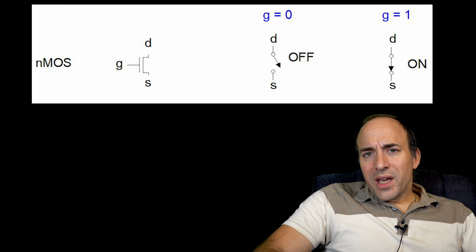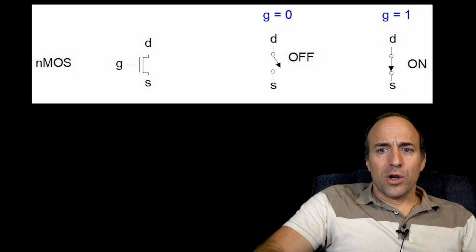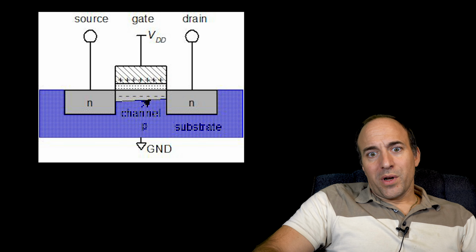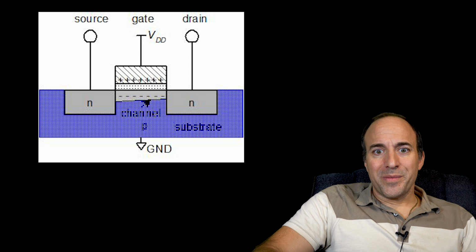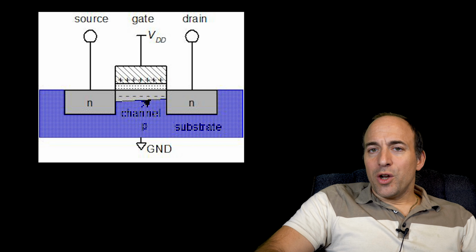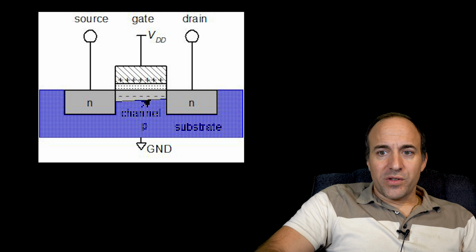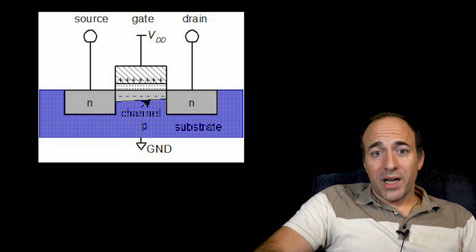So as I mentioned before, in order for there to be a capacitor formed between the gate and the channel, the substrate, of course, which is also the channel, is part of the substrate, must be grounded, which it is in an N-type transistor.